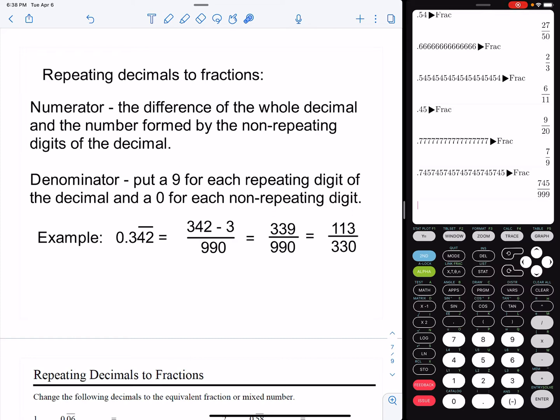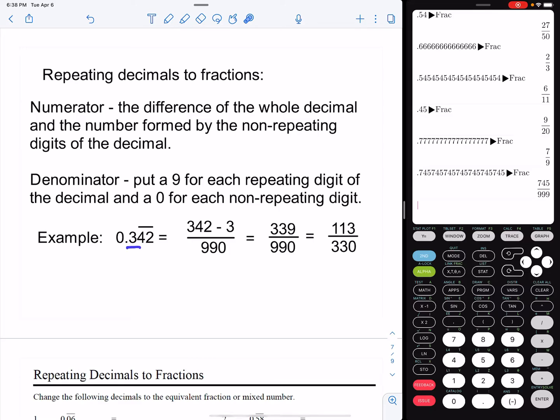So here's an example. You've got 0.342 with only the 42 repeating. So the numerator, it says we're going to find the difference of the whole decimal and the number formed by the non-repeating digits. So the whole decimal is 342. And we're going to subtract from that the number formed by the non-repeating part.